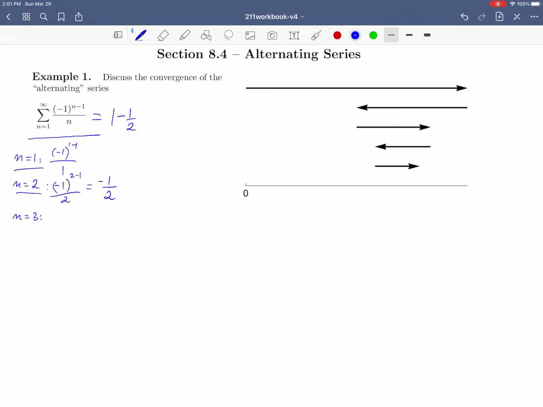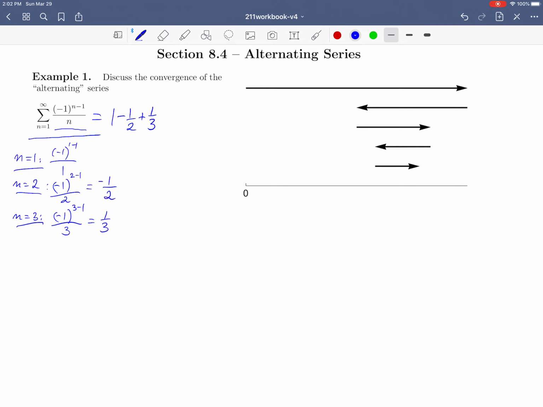That is actually -1, so we get -1/2 as the second term. Let's do one more. When n equals 3, we are getting (-1)^(3-1) over 3, and now we have an even exponent that gives us a positive 1/3. So we get plus 1/3.